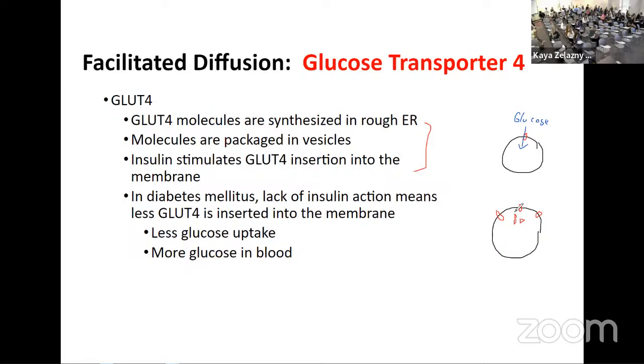With insulin present, we inserted a bunch of transporters, and now we get in 3 glucose molecules per unit of time, which means we're able to drop that blood sugar faster because we're pulling glucose into the cell. In diabetes, that glucose essentially gets stuck floating around in the blood because the cells can't pull it in as fast. This is what would raise the blood sugar after eating with this lack of insulin function.